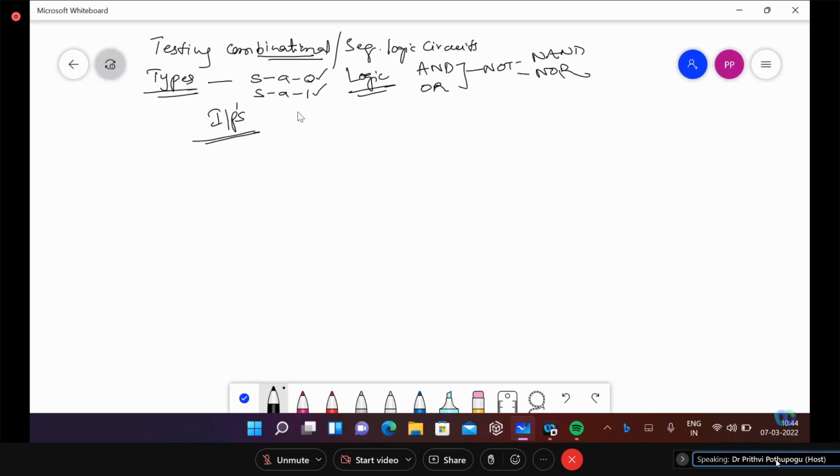Because why we are saying a specific input or a specific line or path is that your design is not a single input, single output system. Now, for a complex design, plenty of inputs and plenty of outputs can be there. In that classification, we know something like single in, single out, or multiple in, multiple out, or any cross of single in, multiple out.